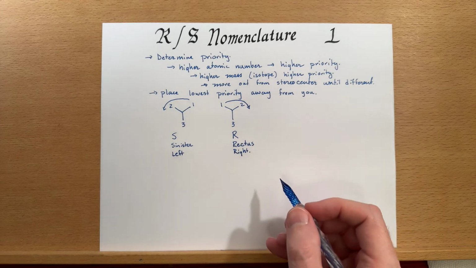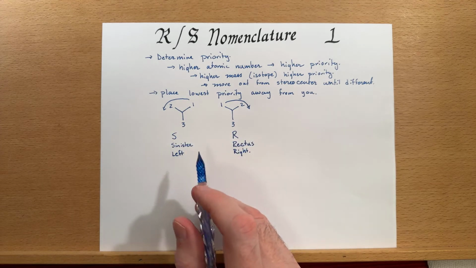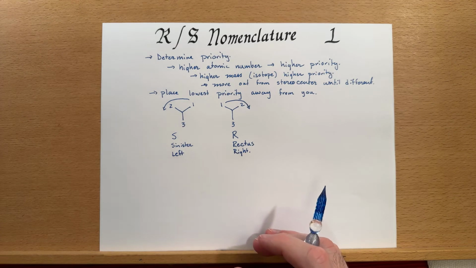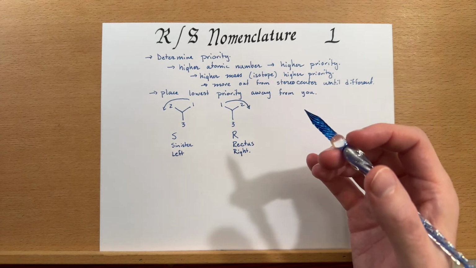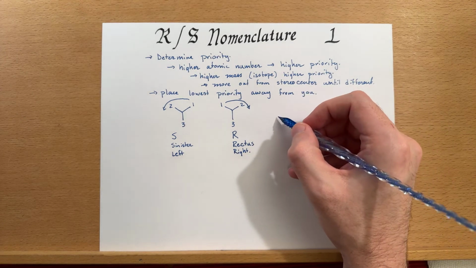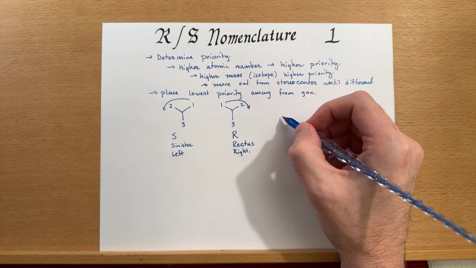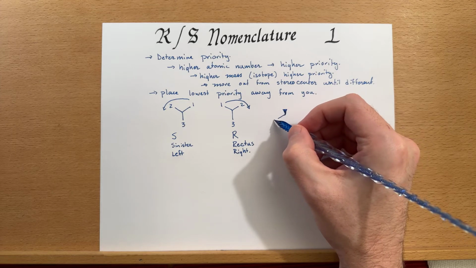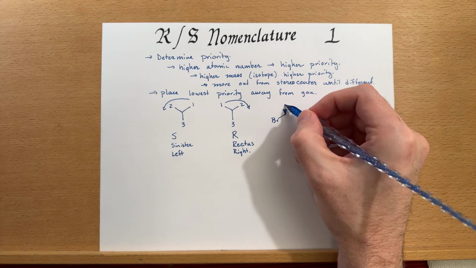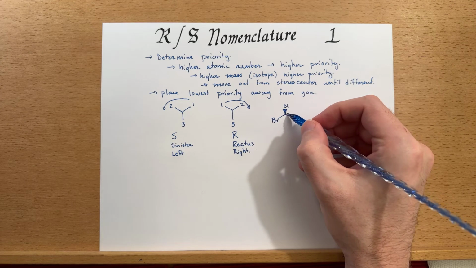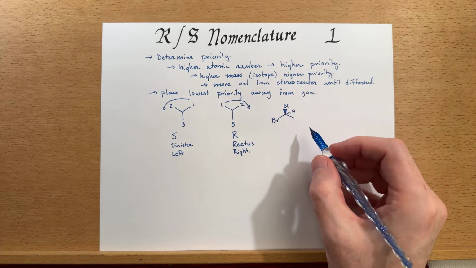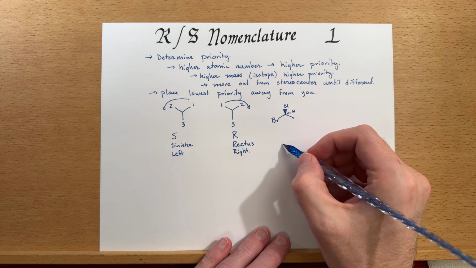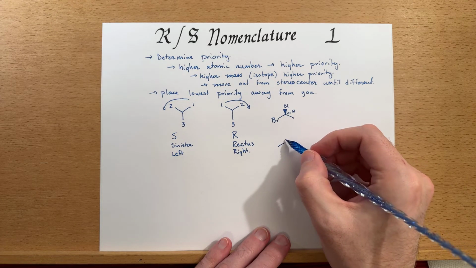So now that we've had the introduction to how to determine R and S, let's actually do it on some molecules. And then we'll name them as well so that we know how to properly name them. So I will draw two molecules that are enantiomers of each other.